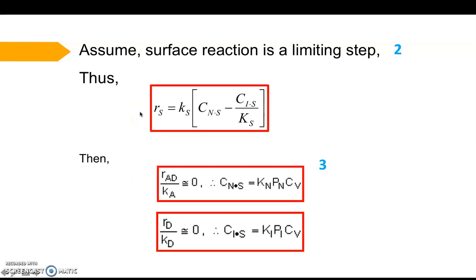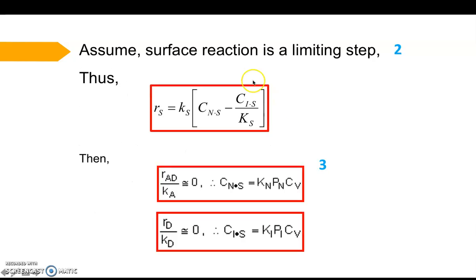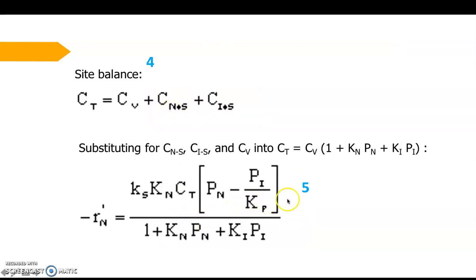You substitute Cn dot S and Ci dot S into this CT, and finally into RS. In the end, you will see the final overall rate of reaction for N-pentene producing I-pentene.